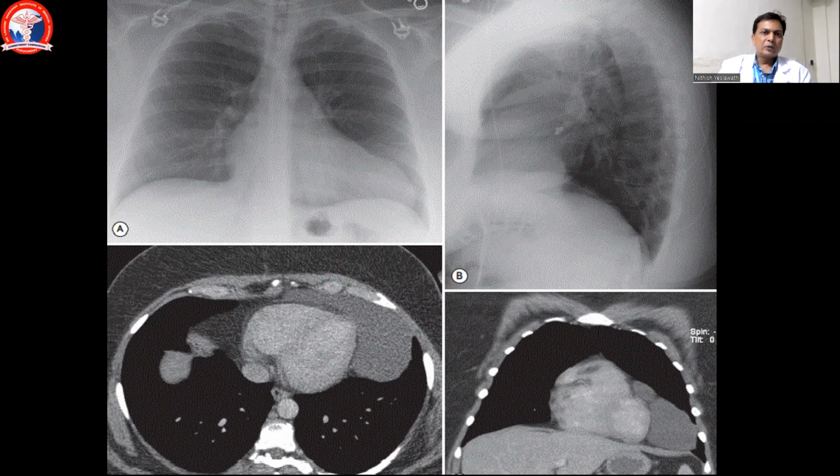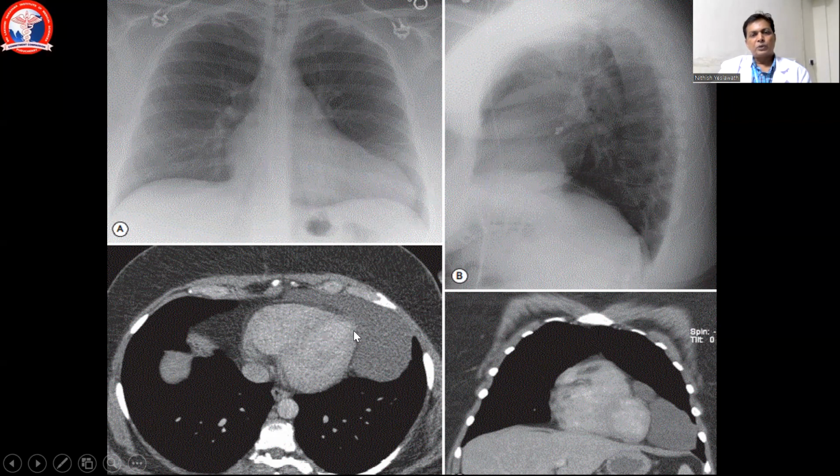Here on the frontal radiograph, what we get to see is an isodense area, almost looking like an extension of the cardiac left border, and the left cardiac margin is almost seen like a continuation next to the apex. Here the density area is seen on the lateral radiograph.